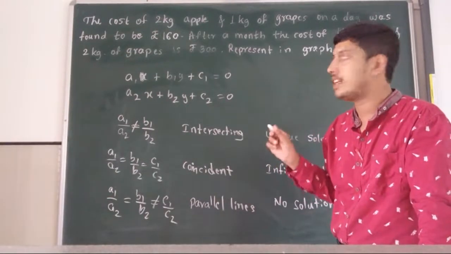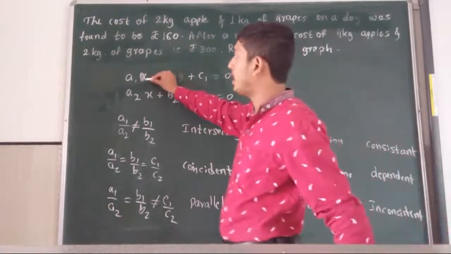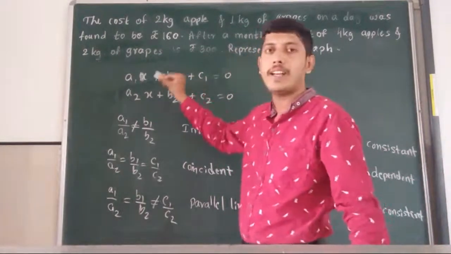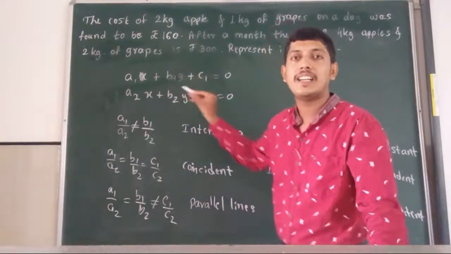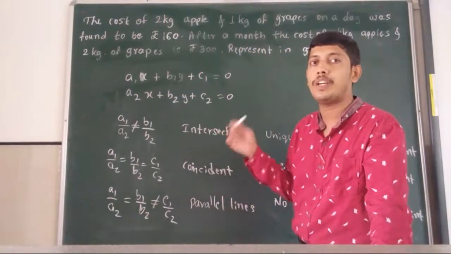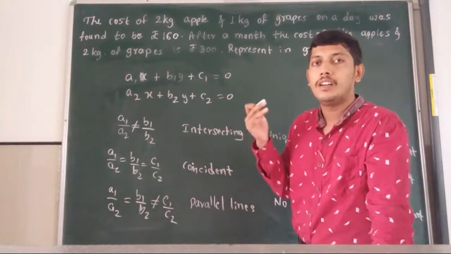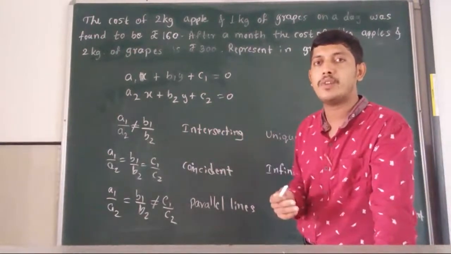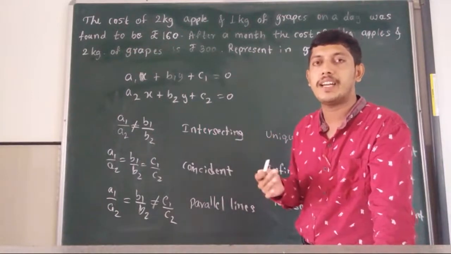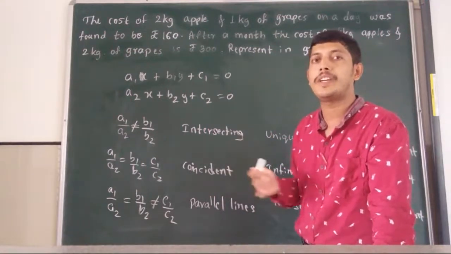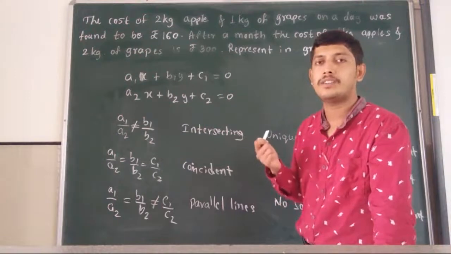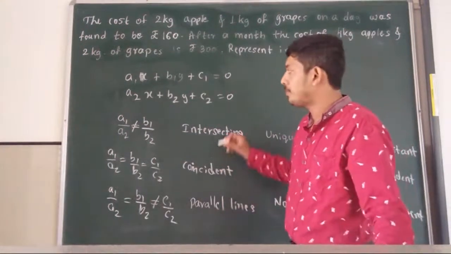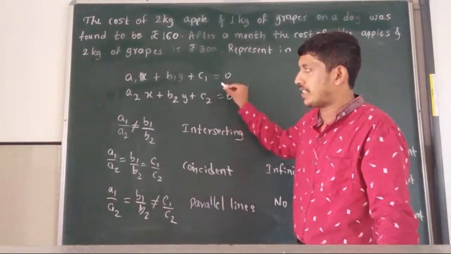Here the variables are x, y, here also x, y, and the exponent value is 1, so they are called linear equations. If the degree of the equation is 2, we name it a quadratic equation. If the degree is 3, we name it a cubic equation, or generally we can consider them polynomials. Okay, now I will consider the first case.